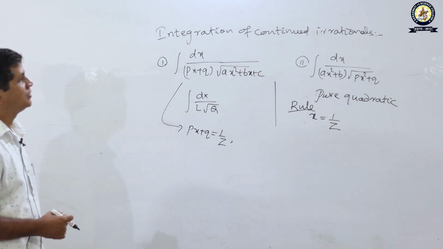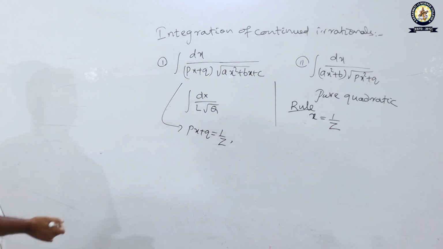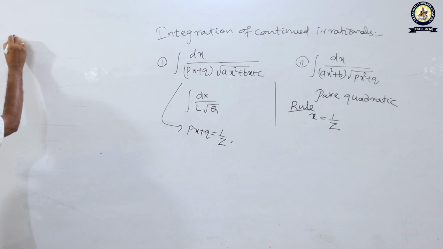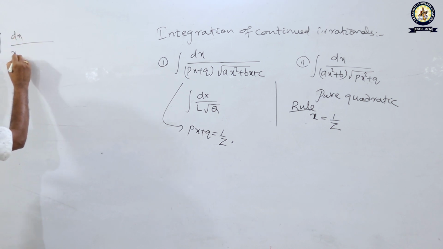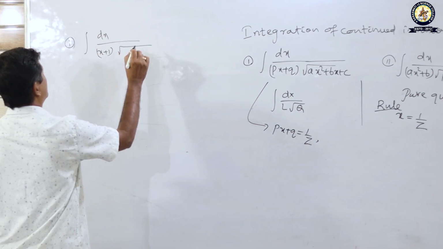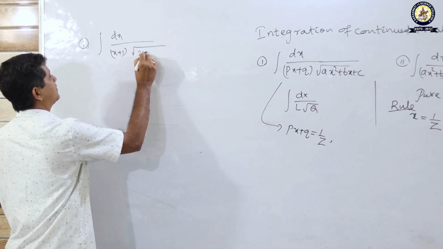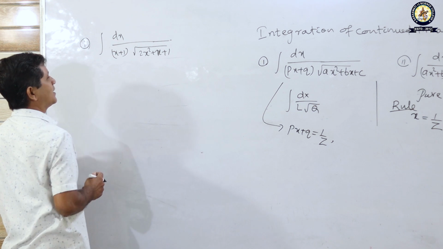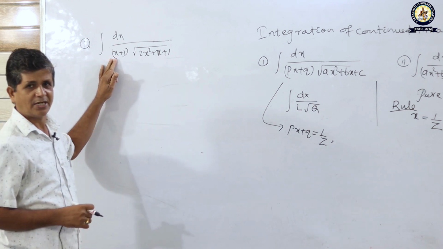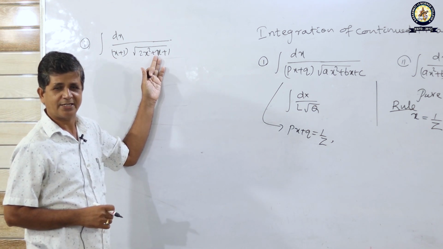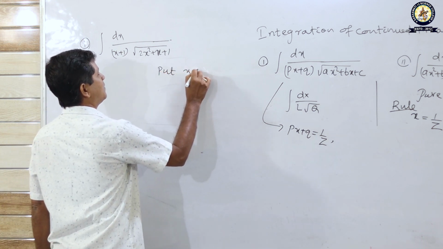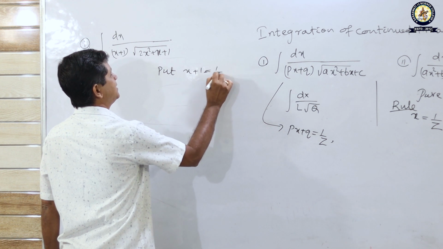Let us go for one example from both types. One from the first type: dx by (x plus 1) into root over of (2x square plus x plus 1). Look at, here is the linear and this one is the quadratic irrational. Now put x plus 1 equal to 1 by z.